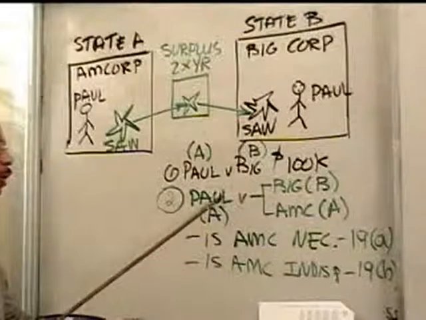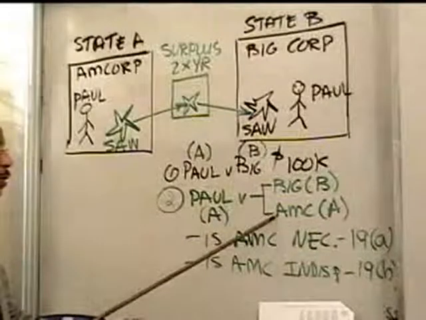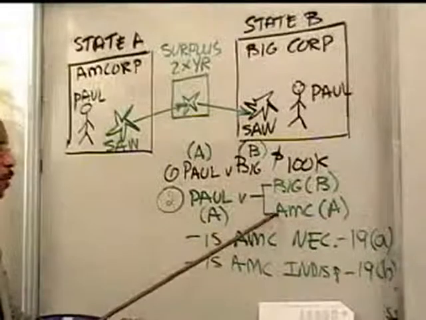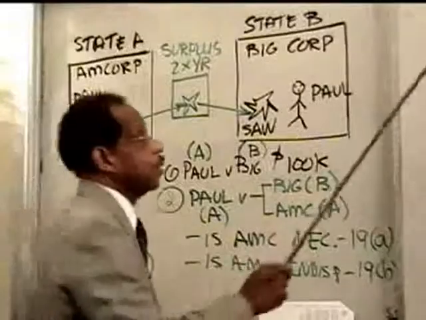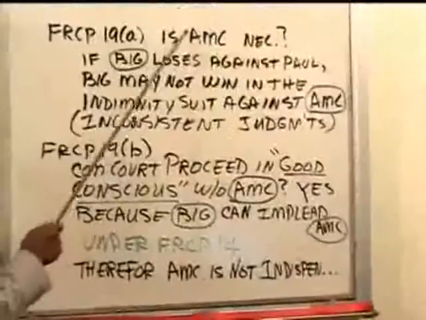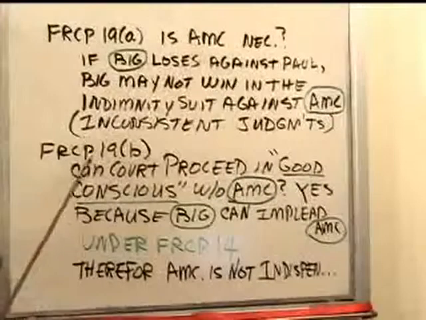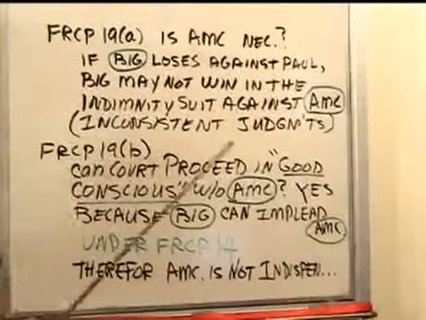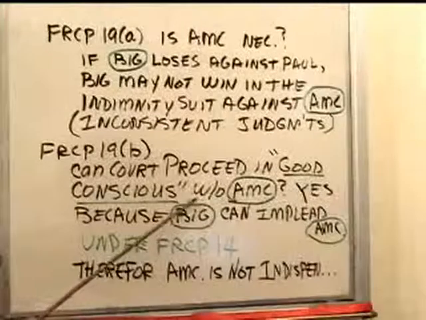Well, we agree Paul cannot join him. But the question is, is M Corp really indispensable? And to get there, we go to 19A and 19B. 19A is, is M Corp necessary. 19B, if M Corp is necessary, can we proceed in good conscience without them?